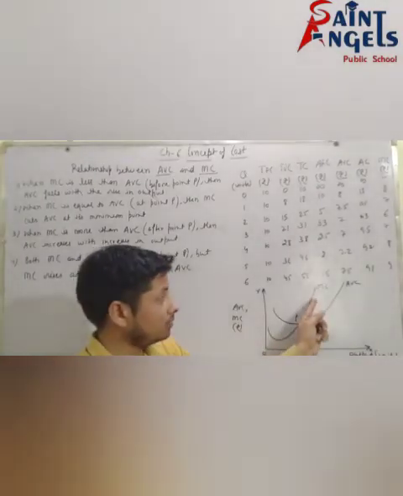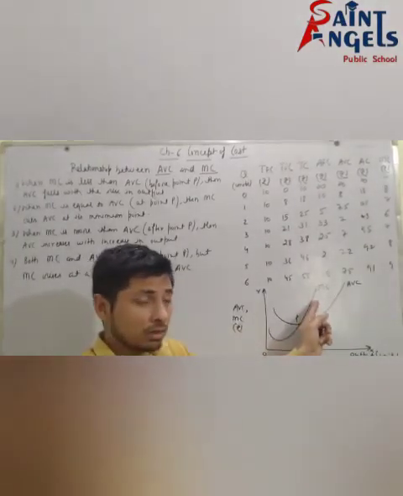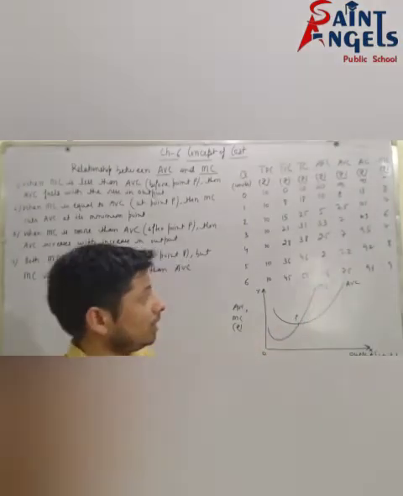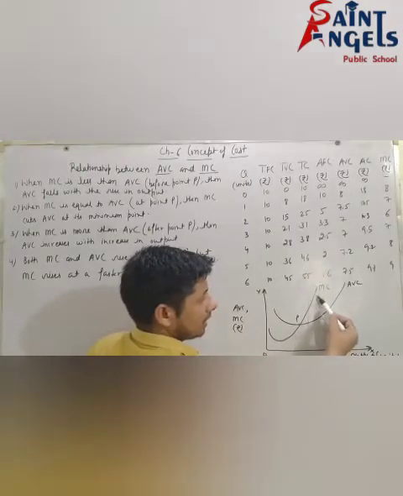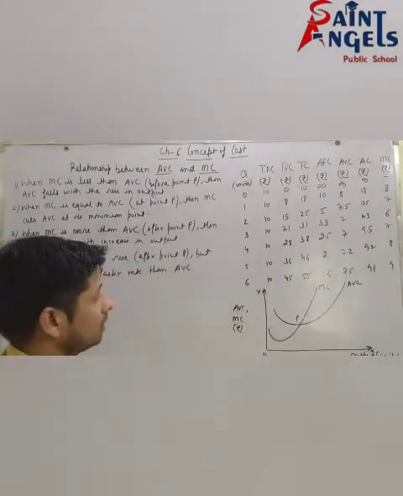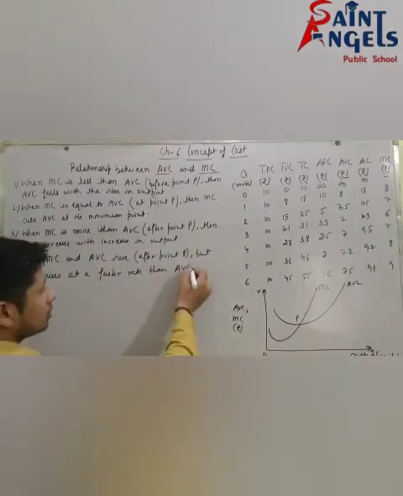That's why the MC curve lies above the AVC curve. So I hope this point is also clear.